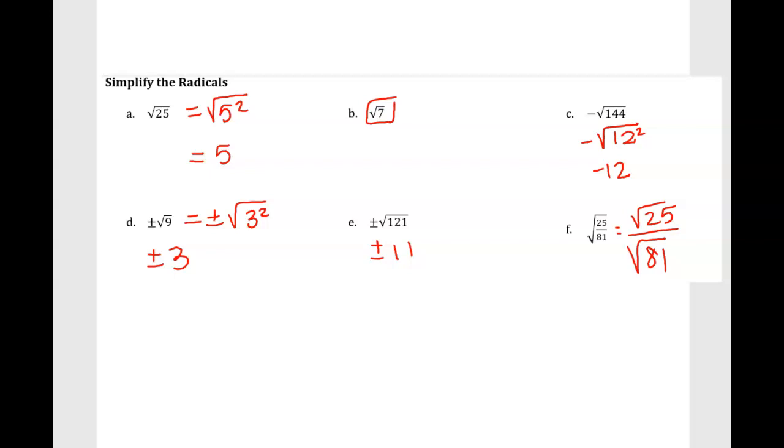And we say that the square root of 25 over 81 is equal to 5/9. Those are the easy ones.